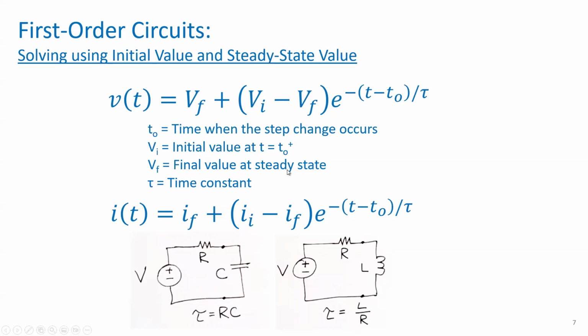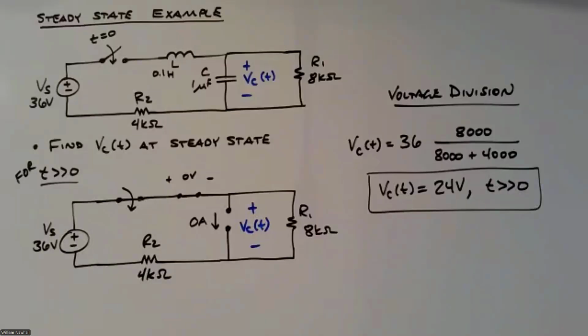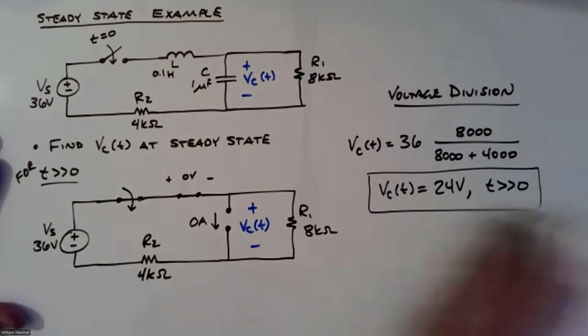And so what I'm going to do now is actually implement this. We're going to solve an RL circuit, and I'm going to use this approach. So I'll write this down again on the whiteboard. Okay, let's get rid of this example.